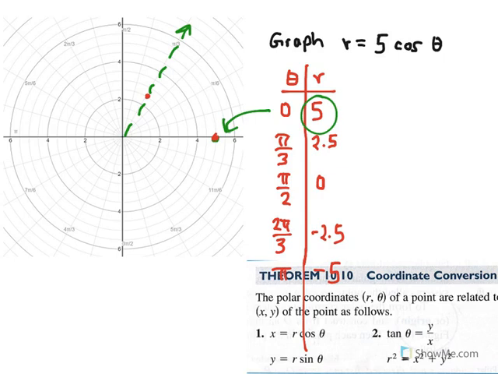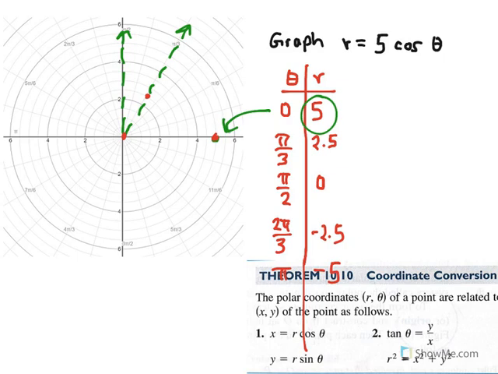So we have 2 points, and then the angle of rotation that we looked at next is pi over 2 radians. So here's the radial line, pi over 2, and r is equal to 0. So we would have this point here. And then we have 2 pi over 3 is the radial line.